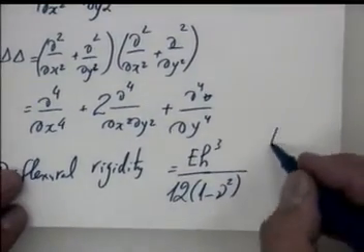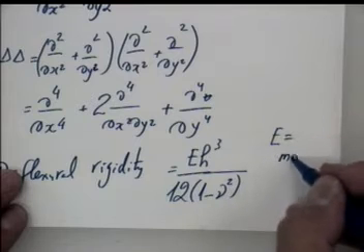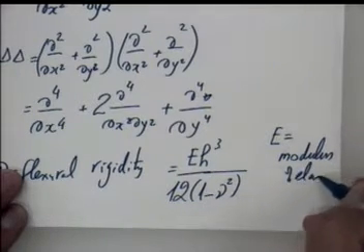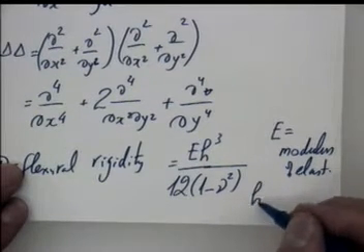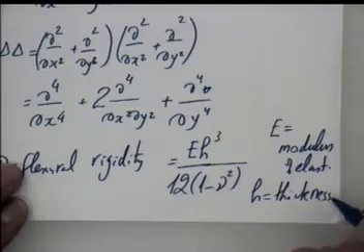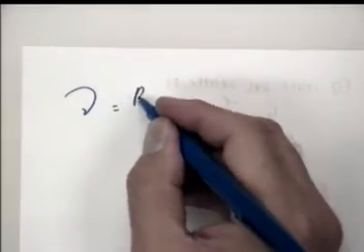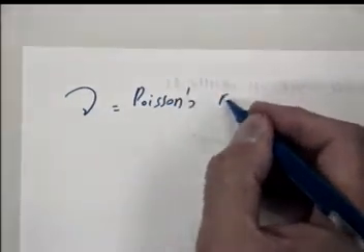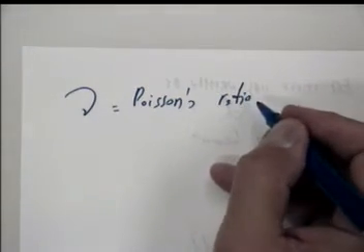Now E is modulus of elasticity. H, as we said, is thickness. And nu is Poisson ratio.